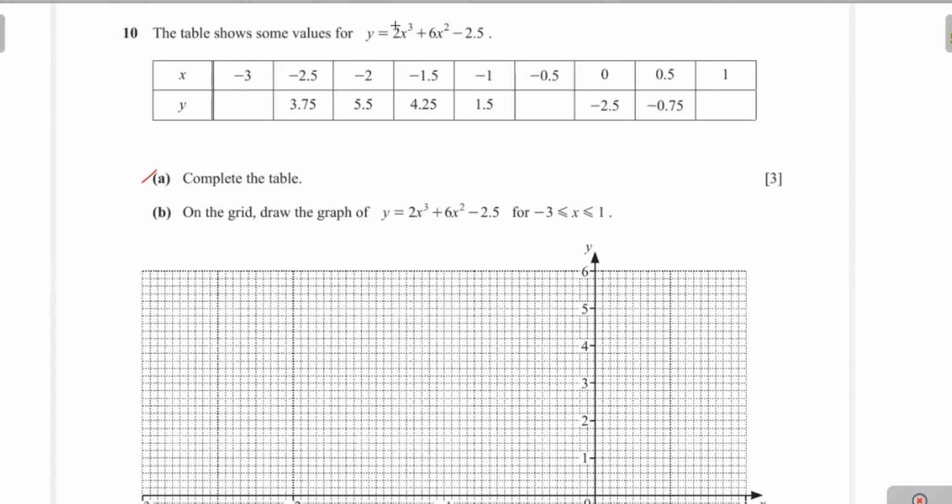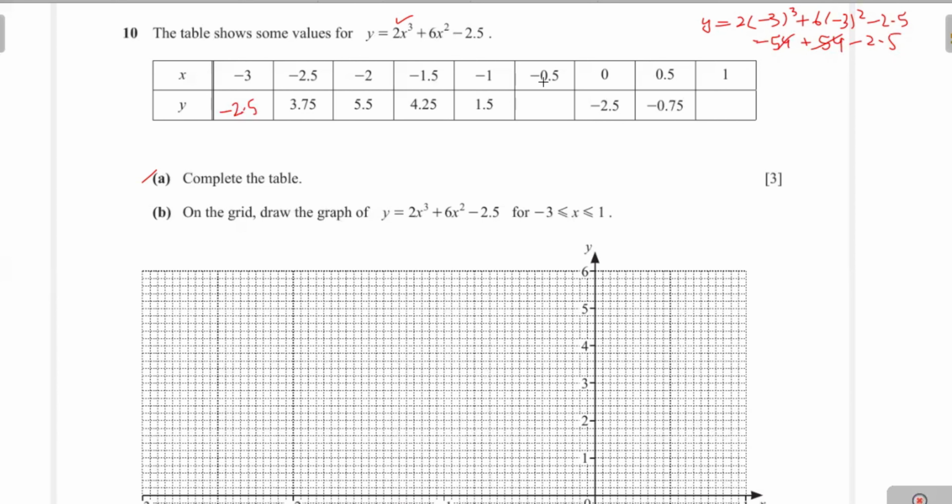When we substitute the value of x as minus 3, we get y equal to 2 into (minus 3) cubed plus 6 into (minus 3) squared minus 2.5. This will be equal to minus 54 plus 54 minus 2.5, and this will be equal to minus 2.5.